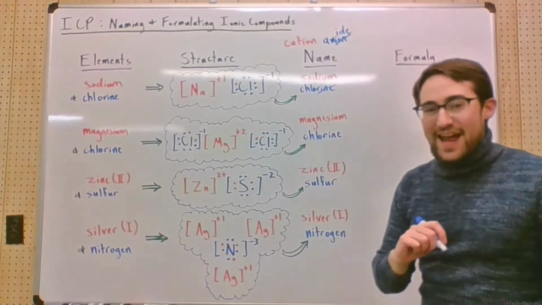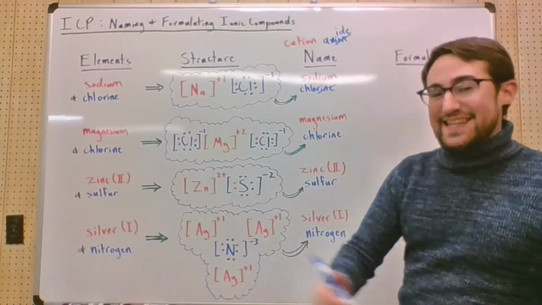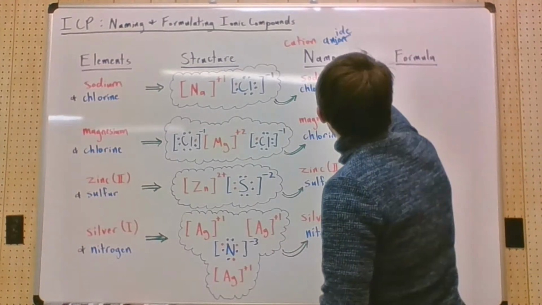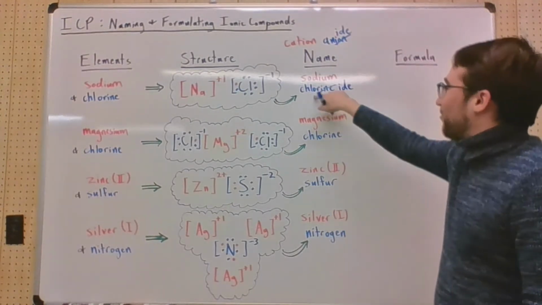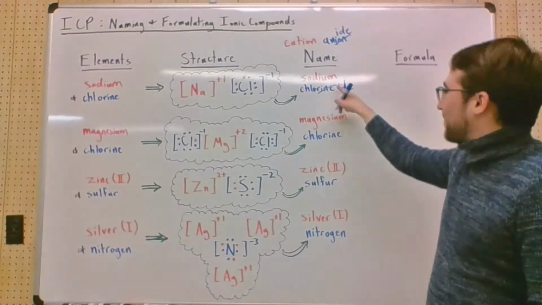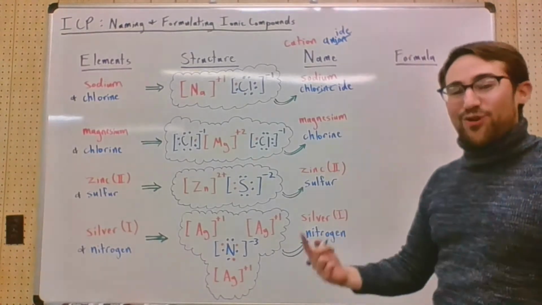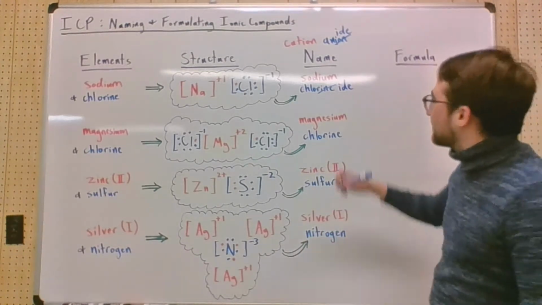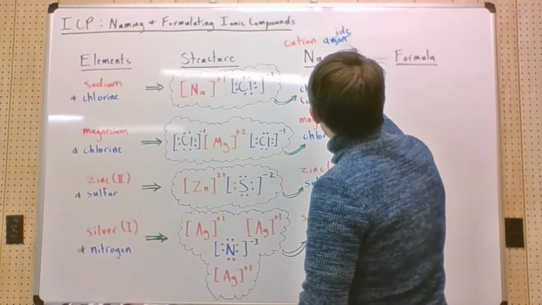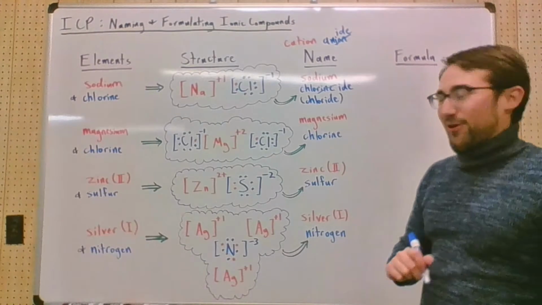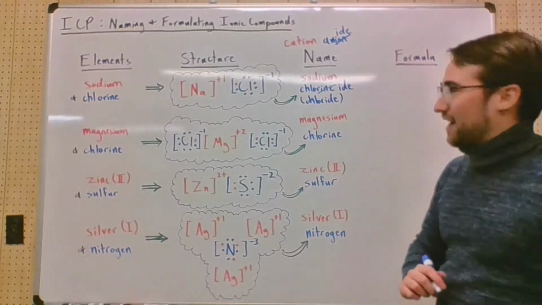I'm chopping off this INE and replacing it with IDE. So this is going to be sodium chloride. Chop off the end and replace it with IDE. Chlorine becomes chloride. So there it is all as one word.